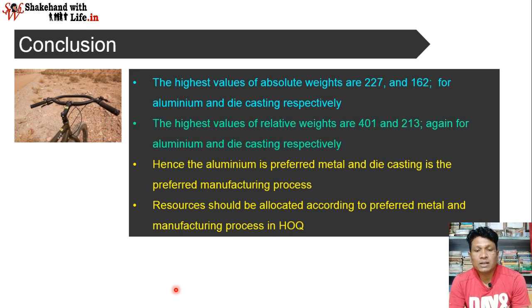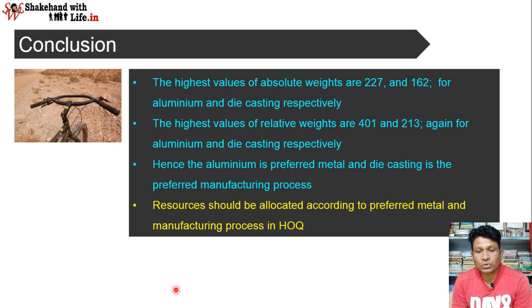And similarly, the highest values of relative weights are 401 and 213, again for aluminum and die casting respectively. This implies that aluminum is the preferred metal and die casting is the preferred manufacturing process out of the 5 options given for the manufacturing processes.